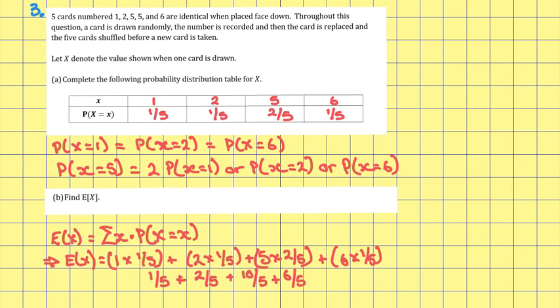When you work that out, the expected value of X is equal to 19 over 5. So the expected value of X is equal to 3 4/5.